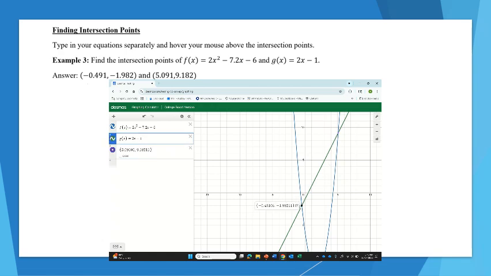So when you hover over there, there we go. And these should be our answers. However, remember, we want decimal approximations, so round to 3 decimal places. So 5.091, comma 9.182, and negative 0.491, comma negative 1.982 should be our answers there.